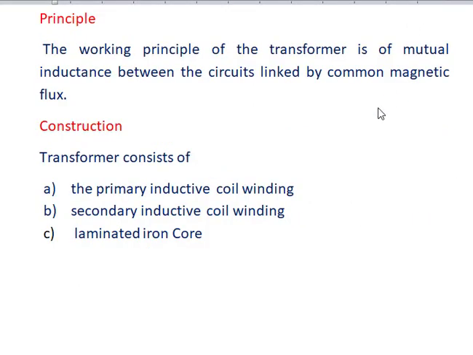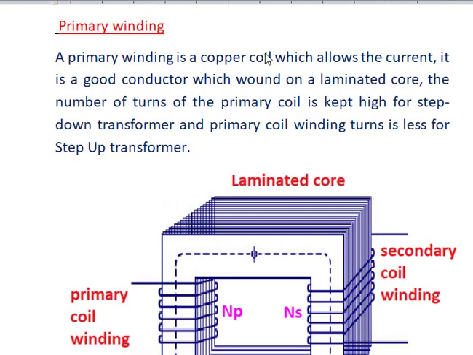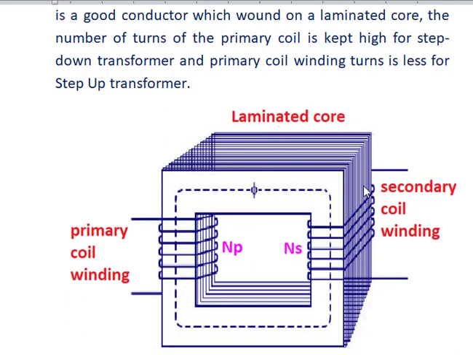When we are speaking about the construction of the transformer, the transformer mainly consists of two inductive coils: first the primary inductive coil winding and the secondary inductive coil winding, and then a laminated iron core. So this is the transformer diagram. It consists of a laminated core. A large number of laminated cores are combined here.